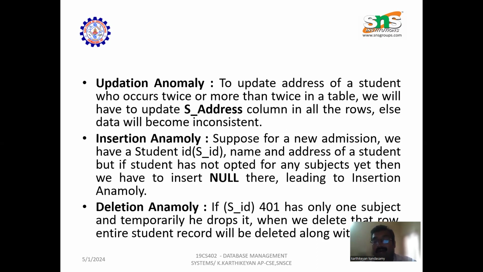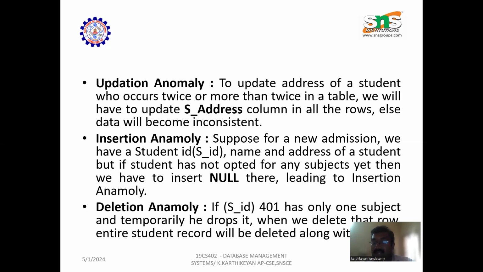we will have to update the student address column in every row, else the data will become inconsistent. Insertion anomaly: suppose we have a new admission. We have the student ID, name and address of the student, but if the student has not opted for any subject, we have to insert null, leading to an insertion anomaly.